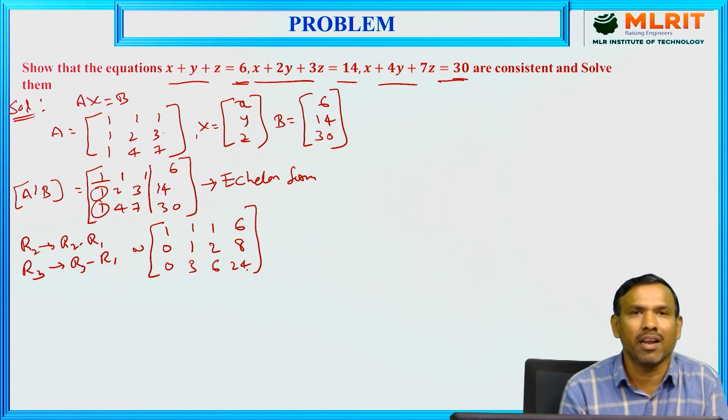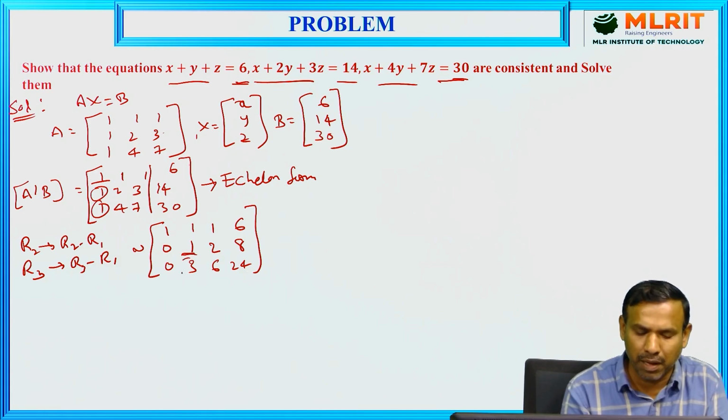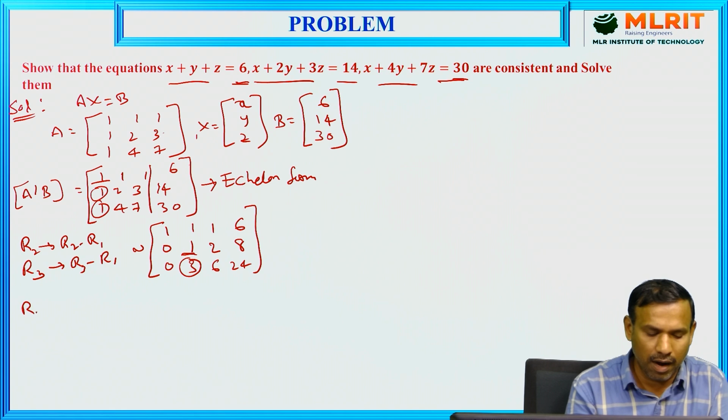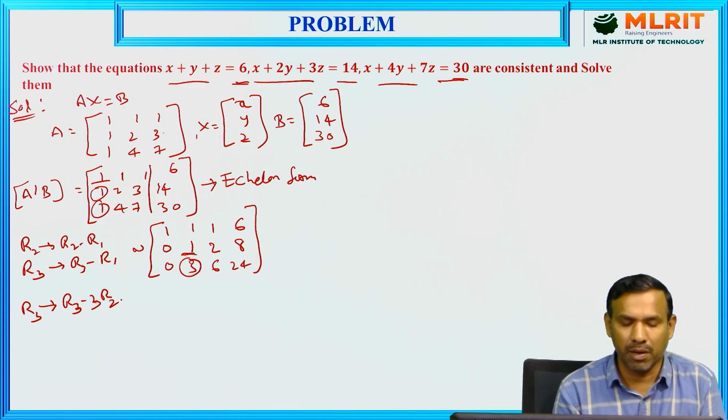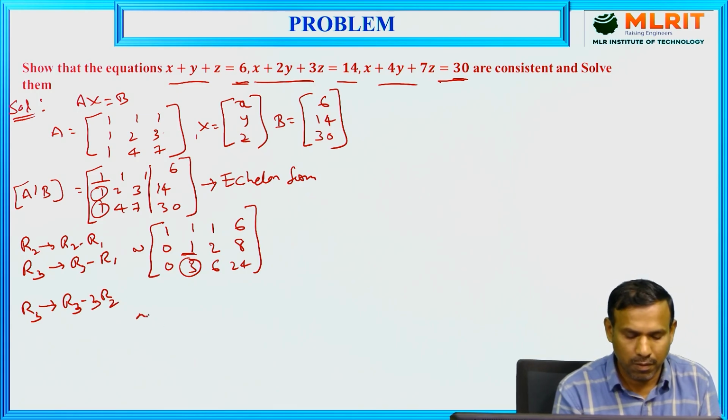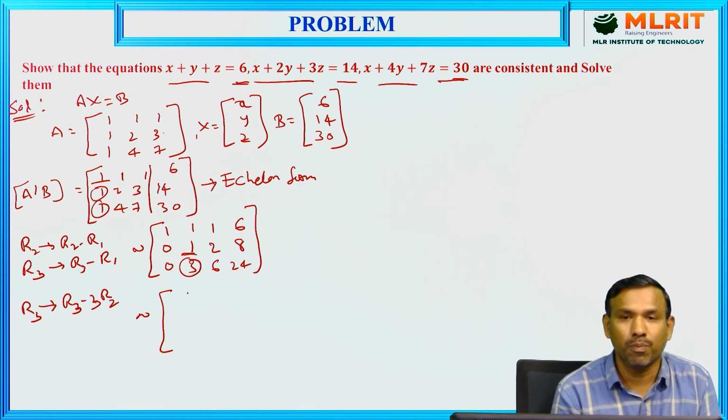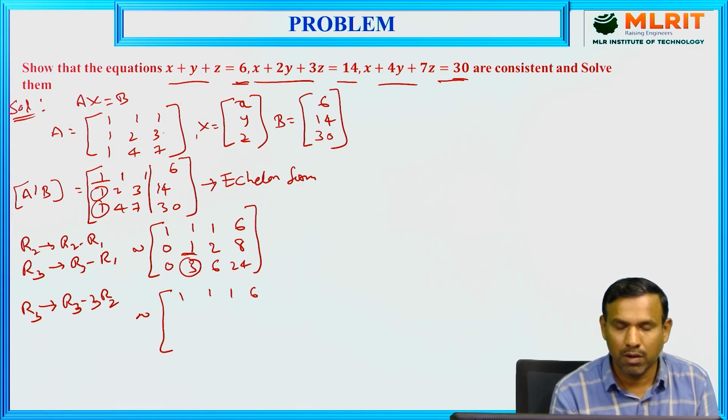But still it is not in echelon form. For the second pivot element, make the element below it 0. That is R3 becomes R3 minus 3R2, because 3 minus 3 becomes 0. First row no change, second row no change.